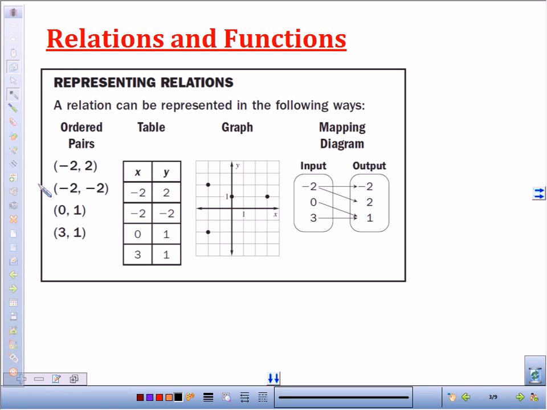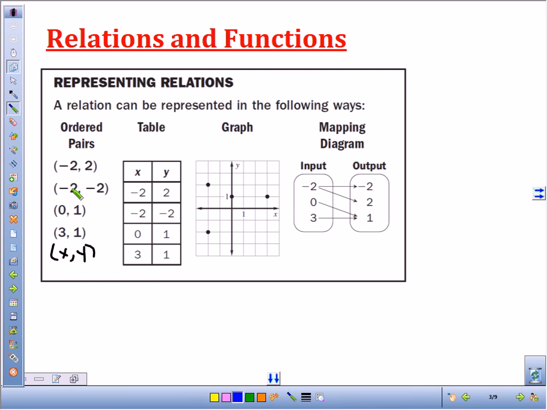We could represent it as a set of ordered pairs, and if we do, an ordered pair would look like X, comma, Y in parentheses. Now, that means that all of these ordered pairs, these numbers, -2, -2, 0, and 3, are all the X values, which means they are all the domain.